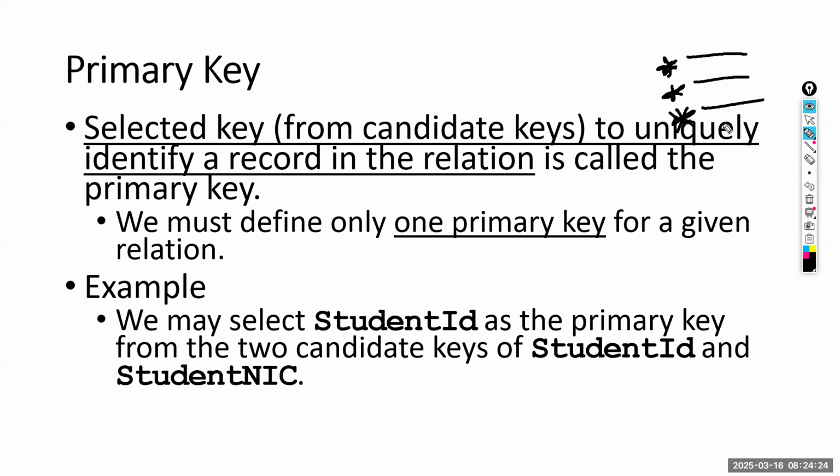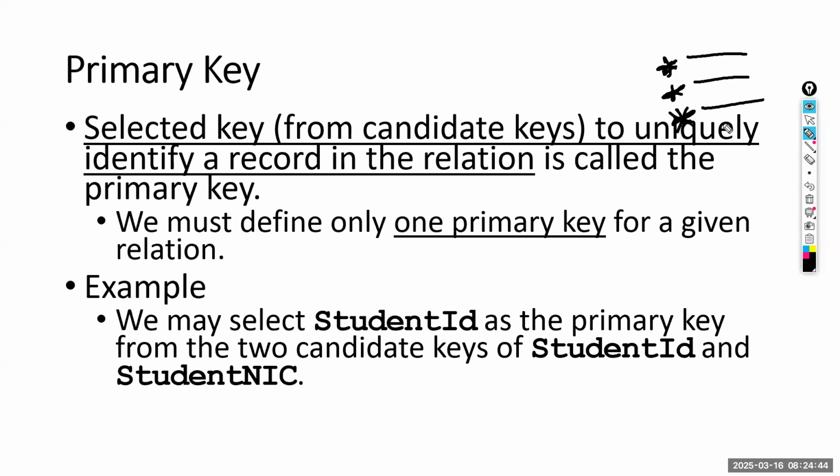Anyone? Not null. Yes, that is a superb answer. It must be a not null field. If there's a possibility of some records having a null value, that is not a good option. It may be a candidate key, but that is a negative point when it comes to selecting the primary key.